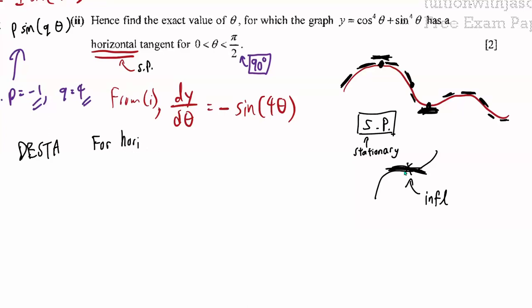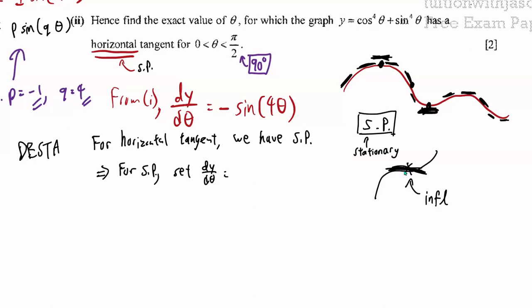For horizontal tangent, we have stationary points. So this implies for SP, we set dy by d theta equals 0, which implies that negative sine of 4 theta equals 0, using the answer from part 1.